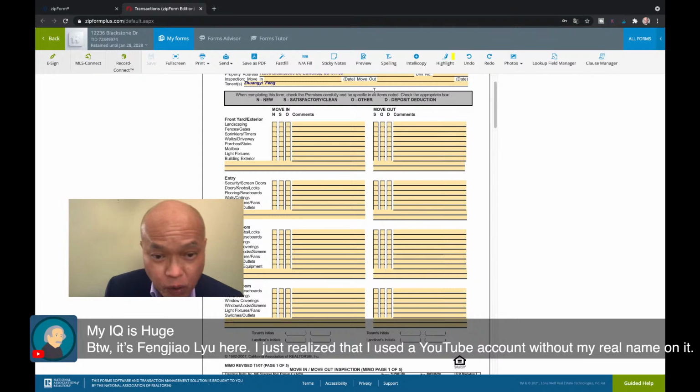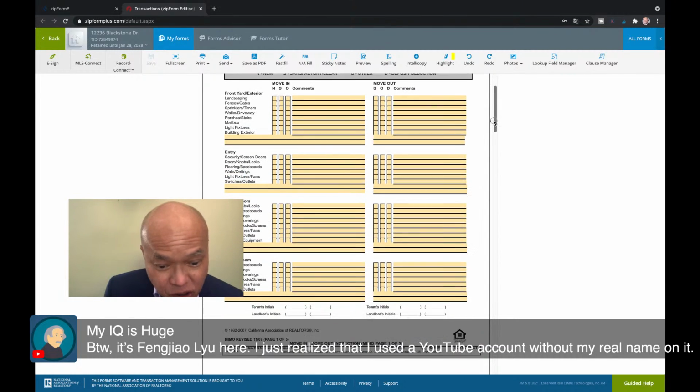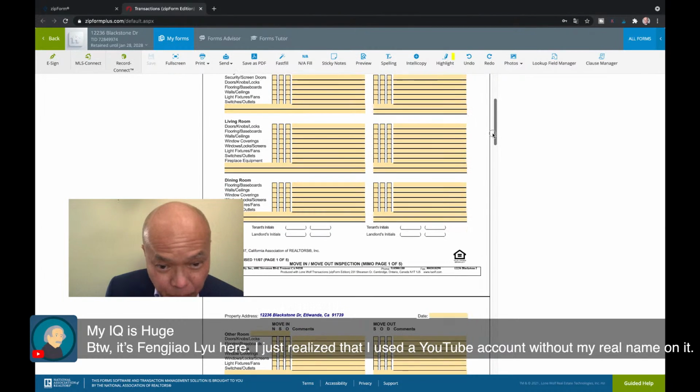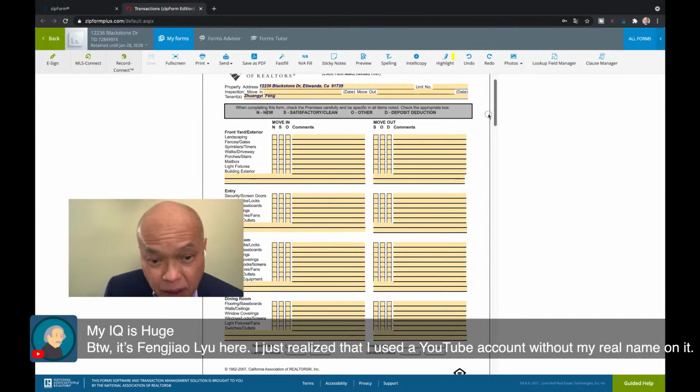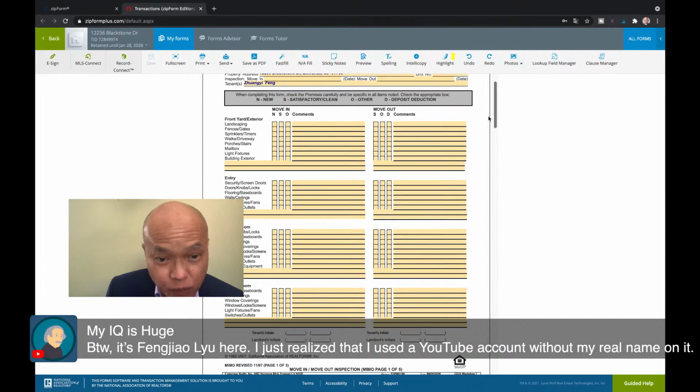Okay, so you will go through the entire property, and then just go ahead and check the appropriate boxes. But that's just for the move in. Even though technically the seller is not moving in, they just remain there, you treat them as tenants moving in because after close of escrow they become tenants.